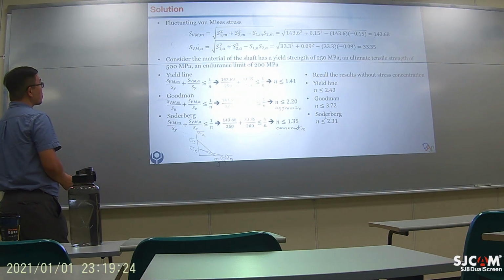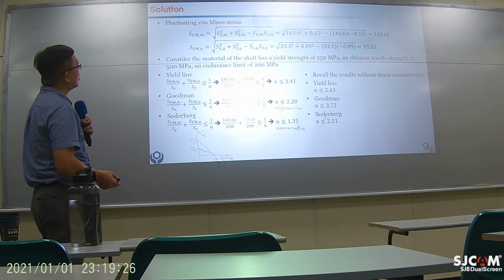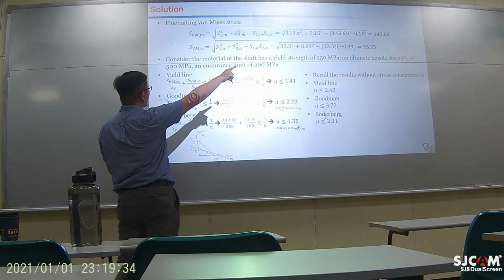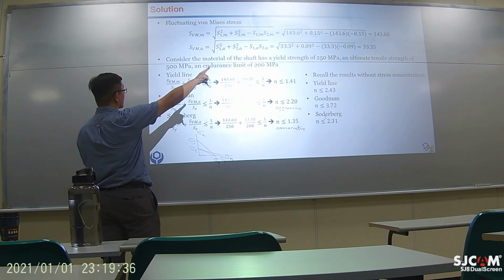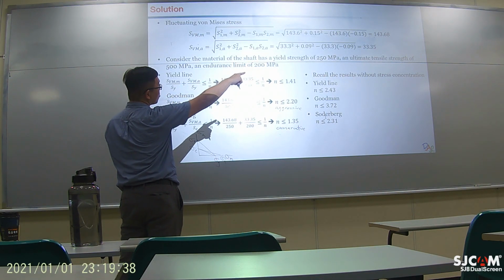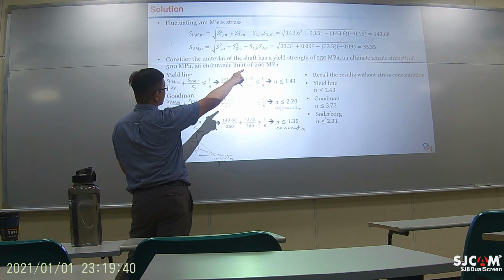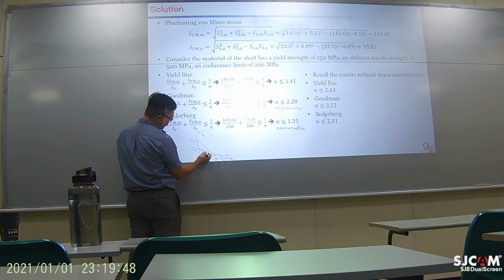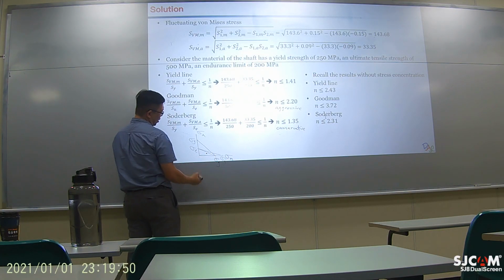You can observe where your design point is. Your mean value of the von Mises stress is 143, and the amplitude part is 33. So the mean part is around 4 times larger than your amplitude part. So your design point will be somewhere here.